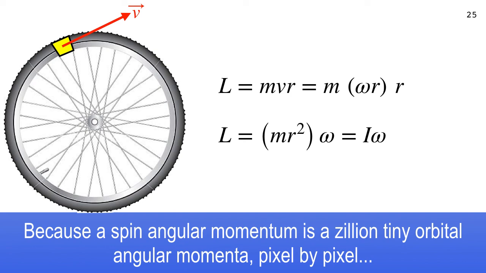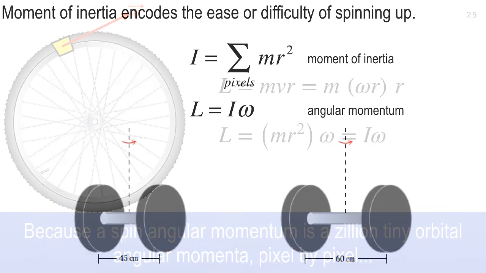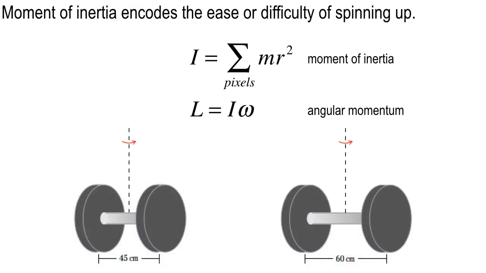Now, a bicycle has a ton of pixels like this. So really the moment of inertia is the sum, and this big capital sigma, a fancy Greek symbol, means count up all the pixels: count up mr squared for every pixel that you've got.